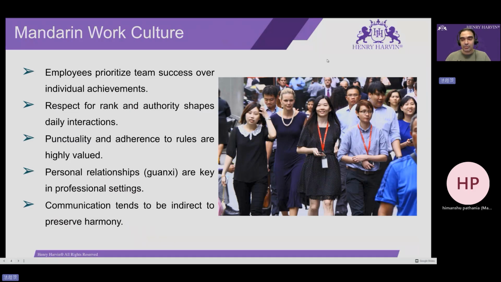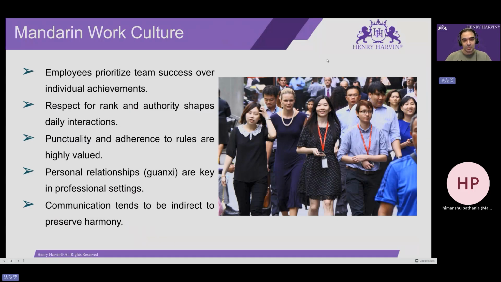So in Chinese society, guanxi is going to be very important, whether you are looking to get into a school, or looking to get into an office, trying to find a job, or even if you want to do business there, it is going to play a very, very important role in that particular activity that you plan to do, because it is considered to be one of the most important aspects of their work culture in daily life.